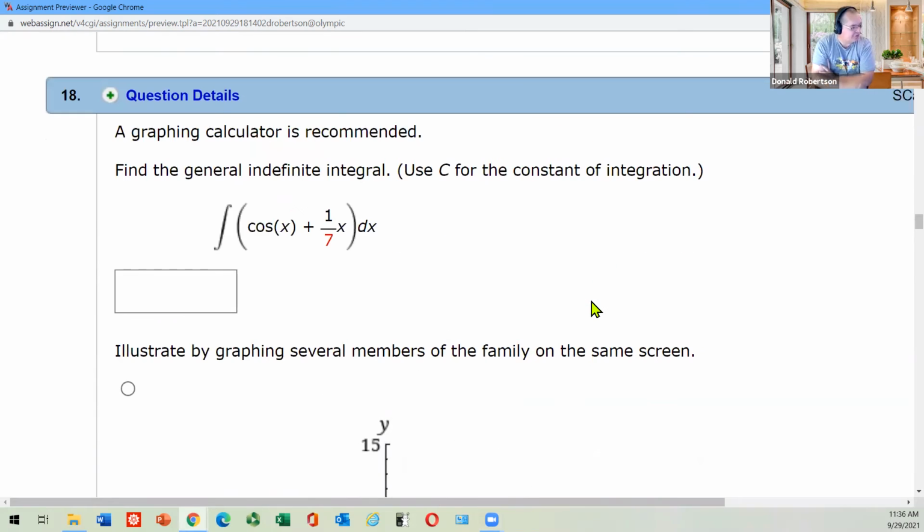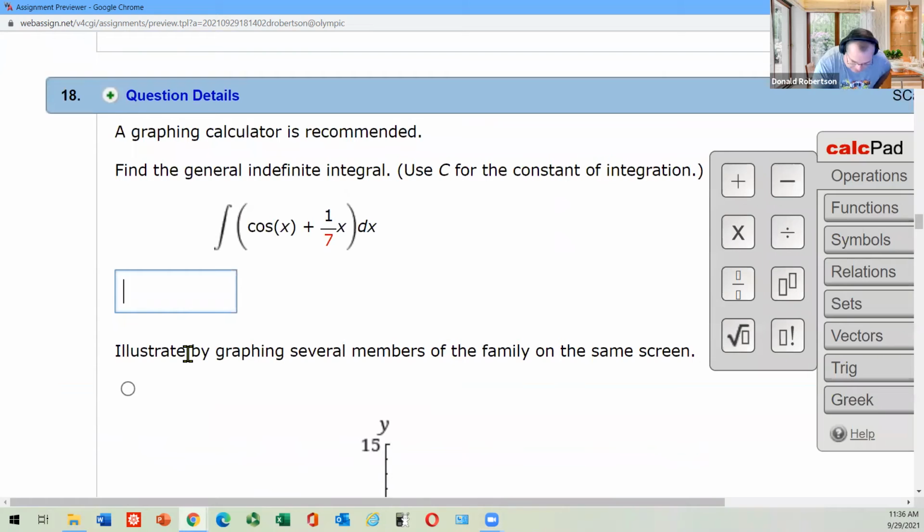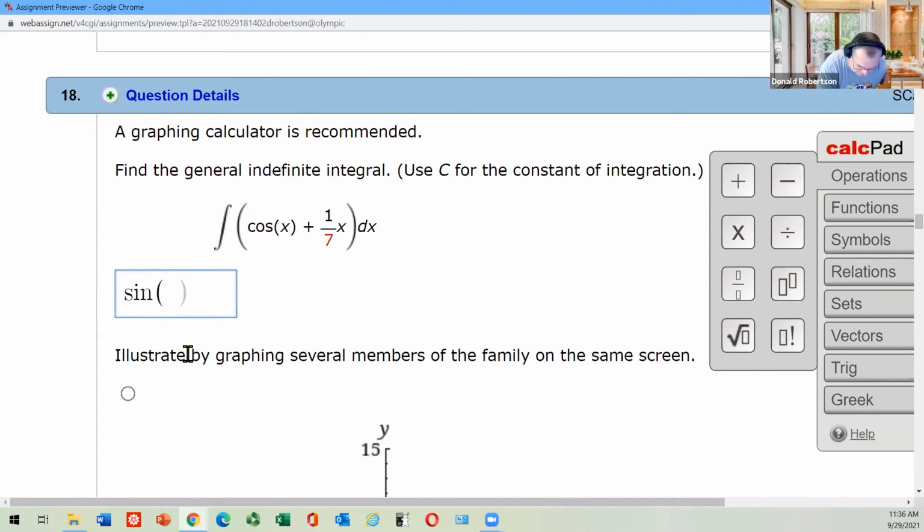Oh, there is something that I should show you. If you want to do the integral of cosine x, that's just another word for the antiderivative of it. It would look something like this. There's the sine of x.